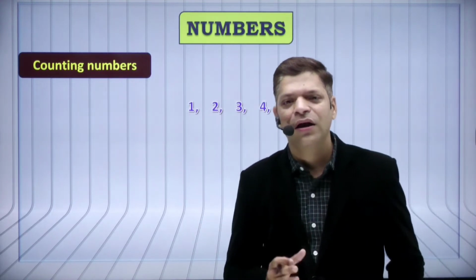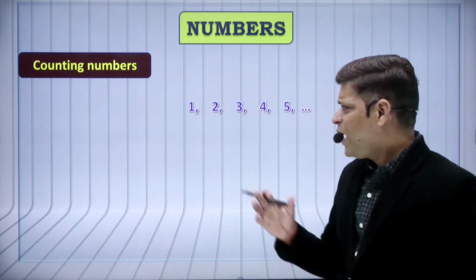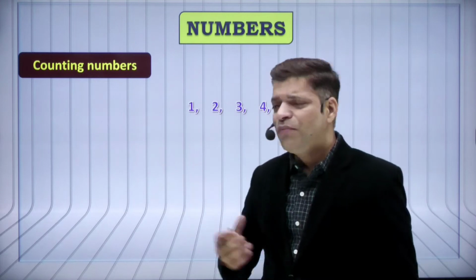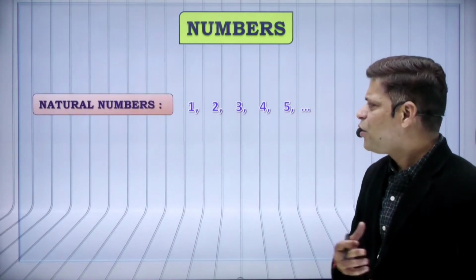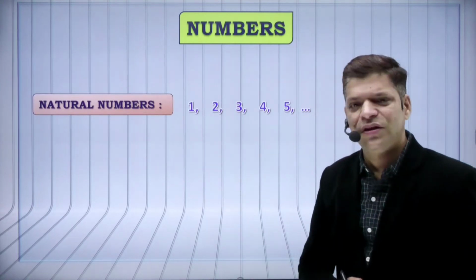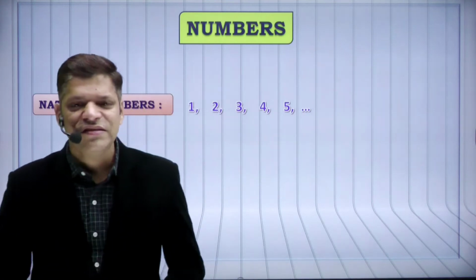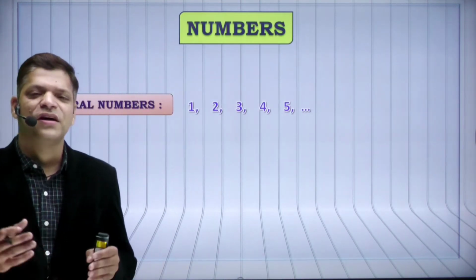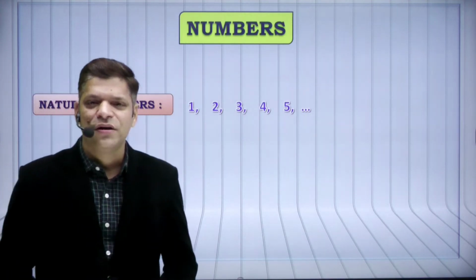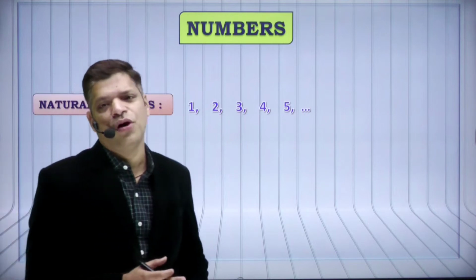These are all called counting numbers, and the other name for counting numbers is natural numbers. So in the number system, the first numbers we discuss are natural numbers, denoted by 1, 2, 3, 4, 5 and so on.